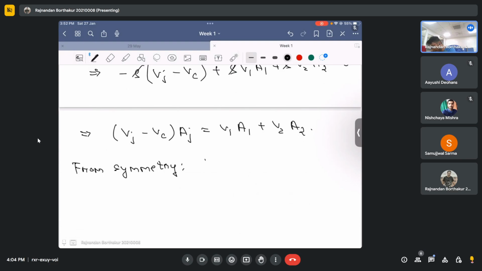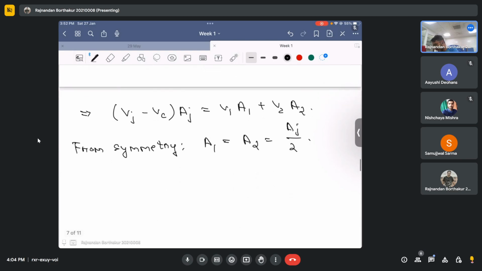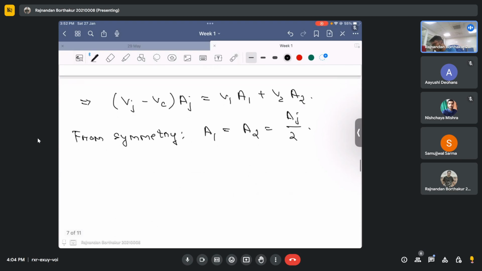From symmetry, we can write that this A1 will be equal to A2 and that will be equal to Aj by 2. So this is solely due to the symmetry of the problem, since we don't know what is A1 and A2. And then if we substitute this here, we'll get Vj minus Vc times Aj, and this becomes V1 times Aj by 2 plus V2 times Aj by 2.